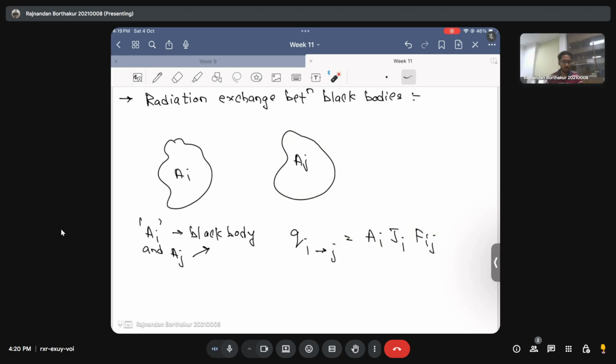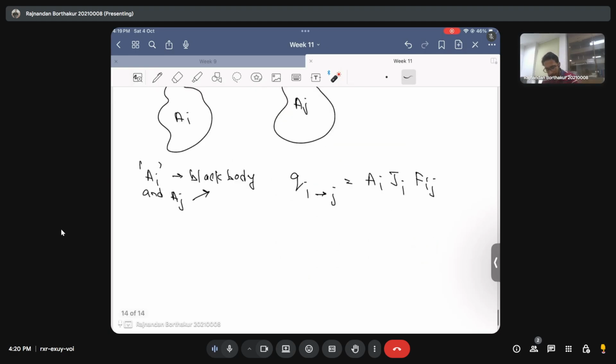And similarly, I can also define Fji as the fraction of radiation that leaves surface j and is intercepted by surface i, as Aj times Jj times Fji.